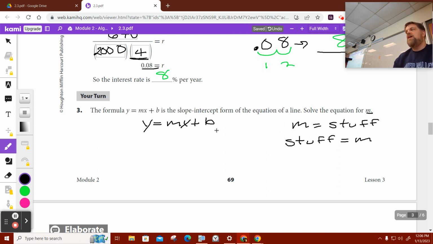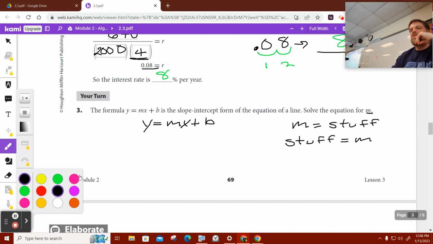So I need to move stuff away from the m. I can move the x or I can move the b. In this case, moving the b is always easier. What's the b doing to m? Remember, we're trying to leave m alone, and we're moving things away from the m.